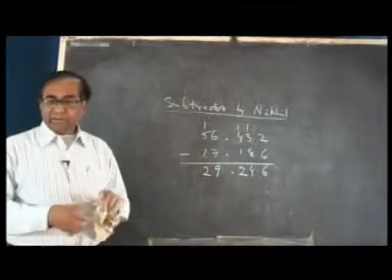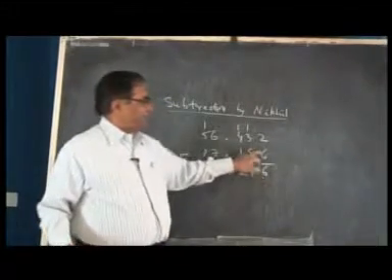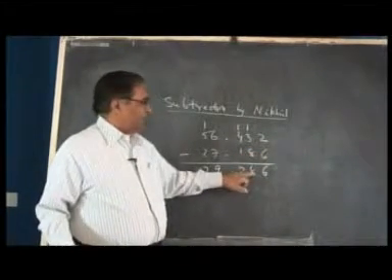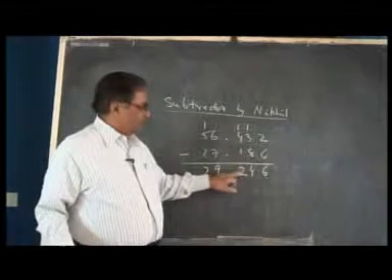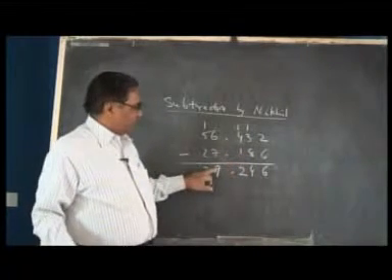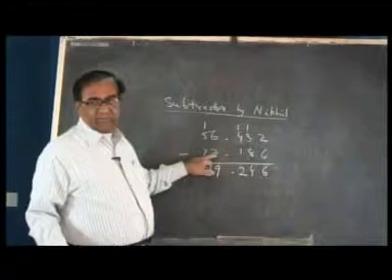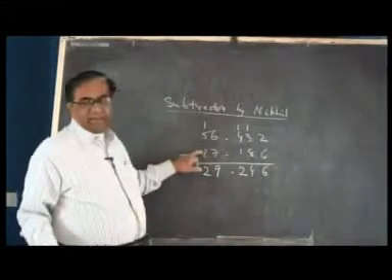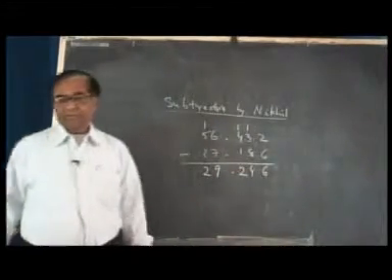Let us cross check it. 6, 12, 1, 5, 13, 1, 3, 4, 9, 10, 16, 1, 3, 5. That means subtraction is 2.